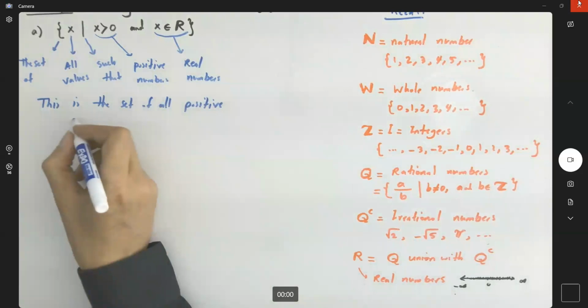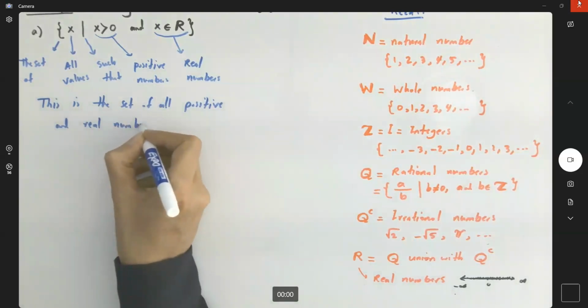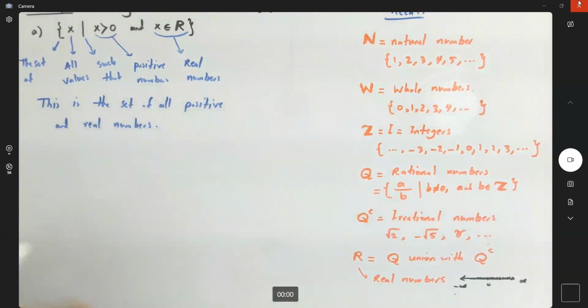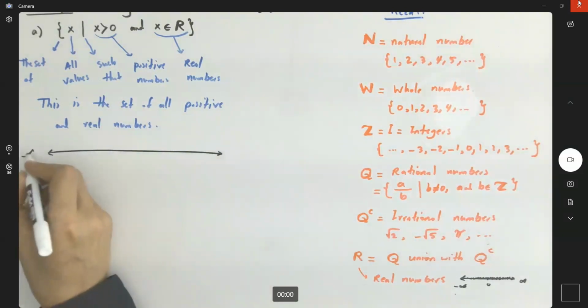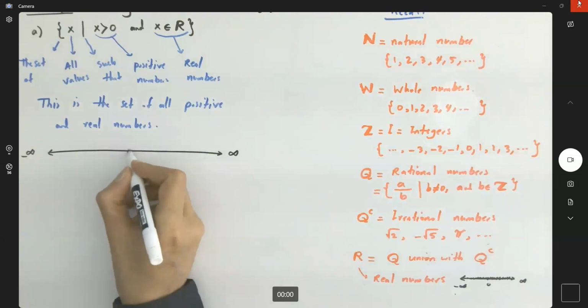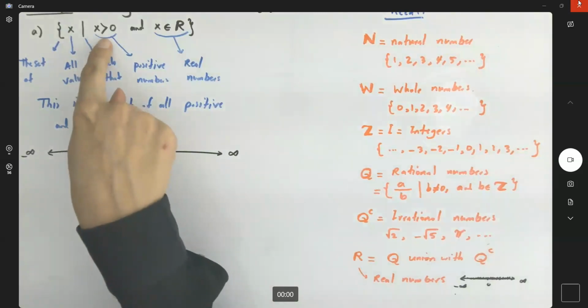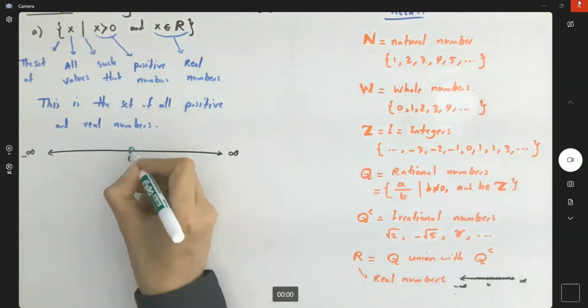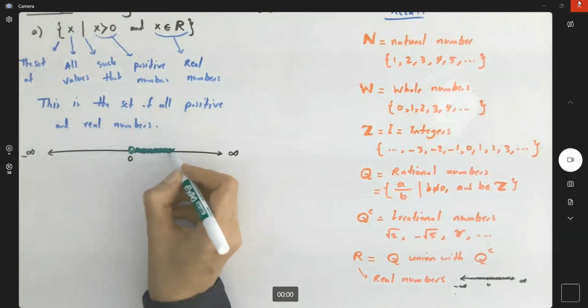This is the set of all positive and real numbers. How do I visualize that? Well, okay, it's not that hard. It's not that difficult. I have my x-axis, negative infinity to positive infinity. 0 is here. 0 is not included. So you're going to put an open dot, an open circle here and shade the right-hand side.